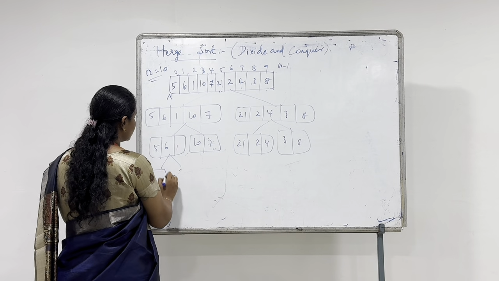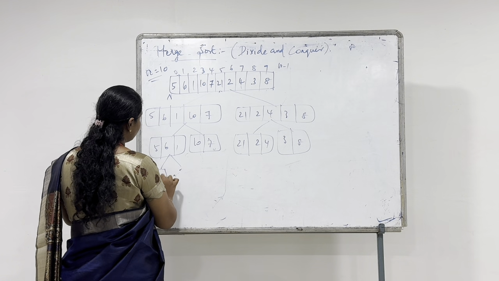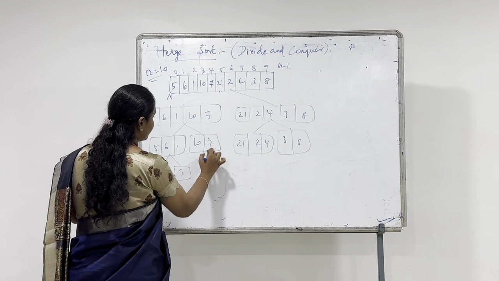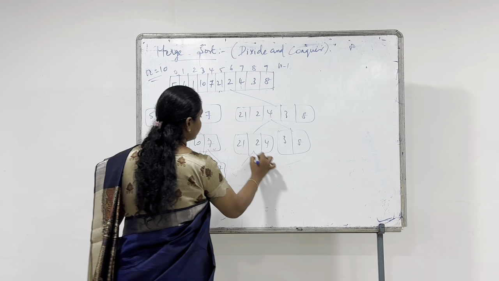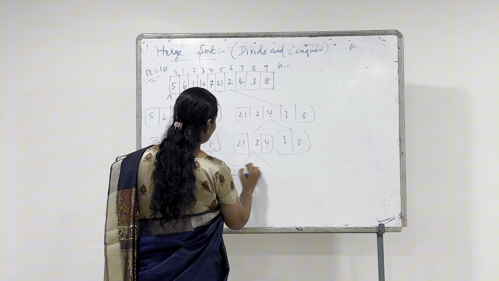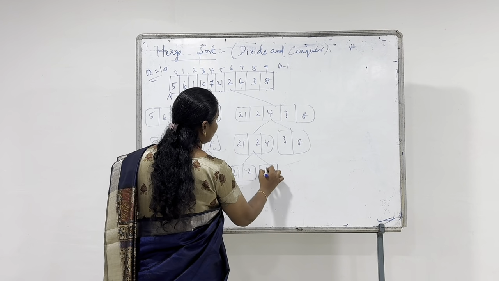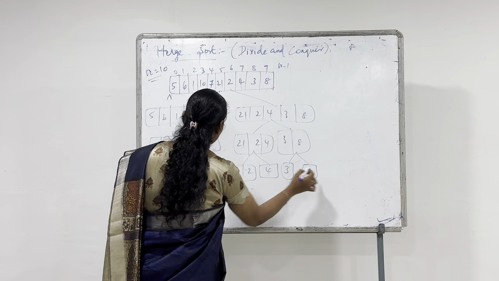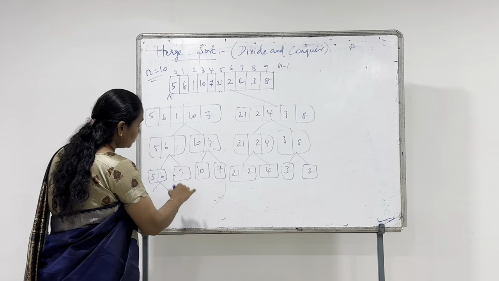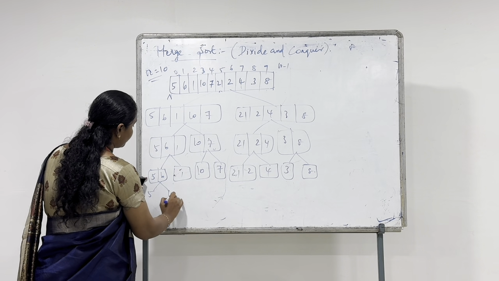Again divide these: 5, 6, 1, 10, 7, 21, 2, 4, and again divide this into two different arrays.